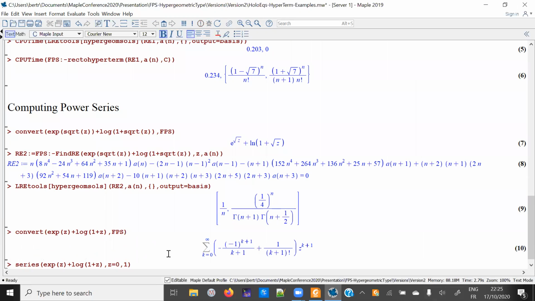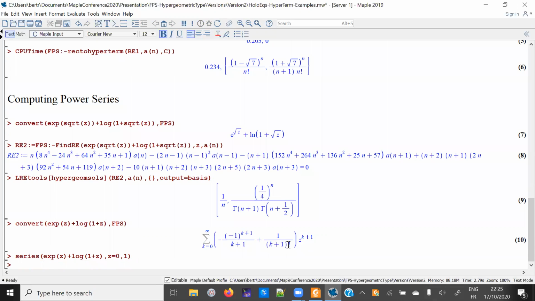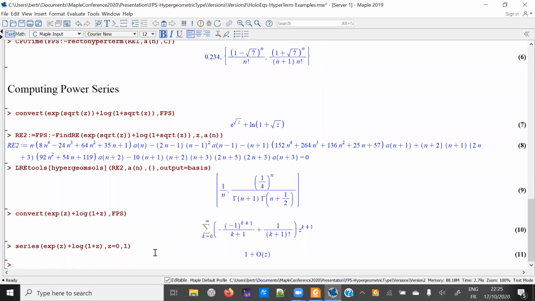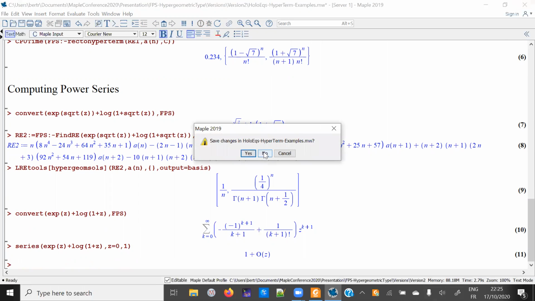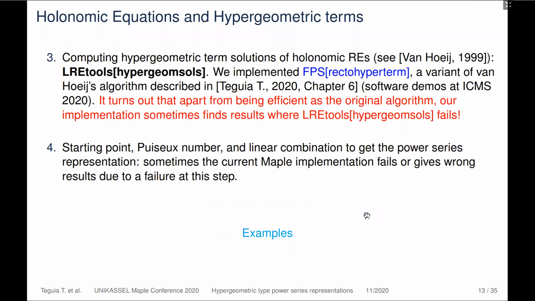So here is an example where the starting point is missing in the given output, because the constant term here should be 1 instead of 0, as we can see from the Taylor expansion of order 0 here. So this is the Maple status actually, and the problem that we can find in their implementations.